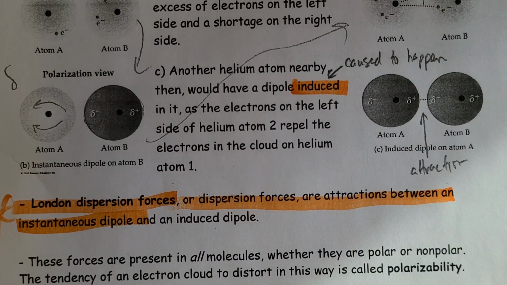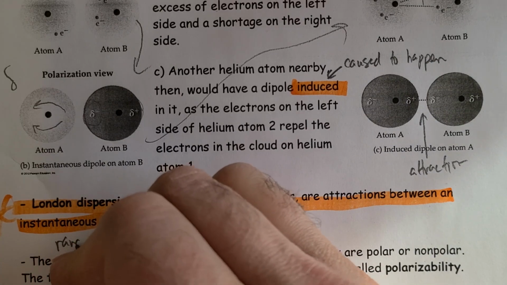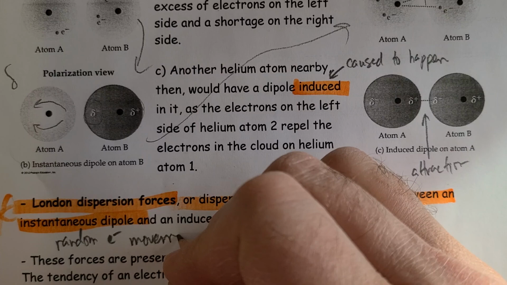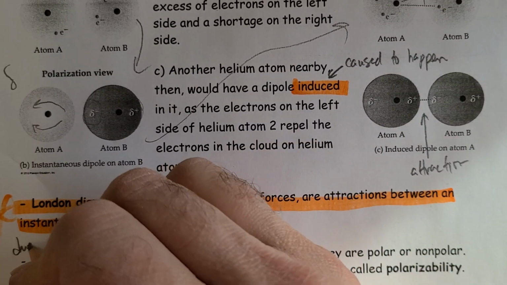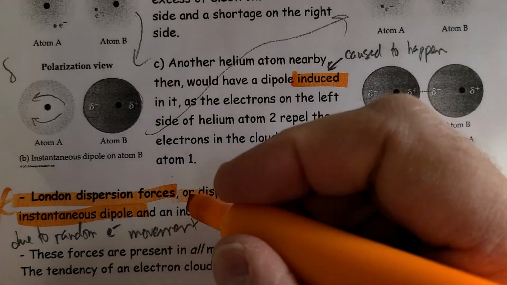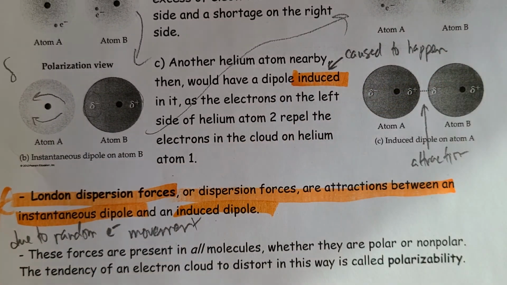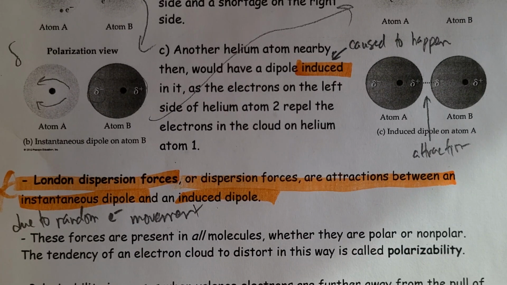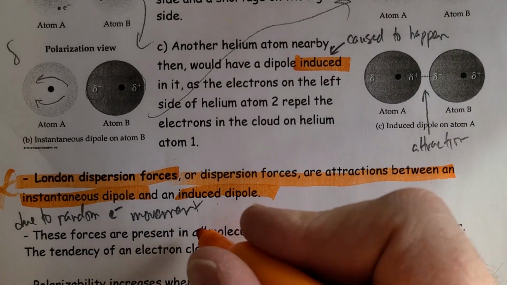Now that instantaneous dipole is just due to random electron movement, and then it causes a nearby molecule or atom to become a temporary dipole as well. Now these forces are present in everything.